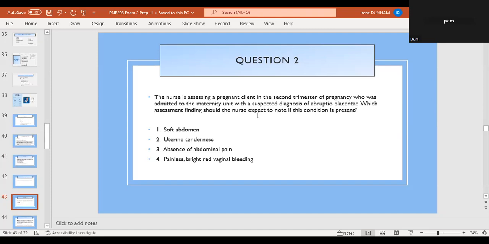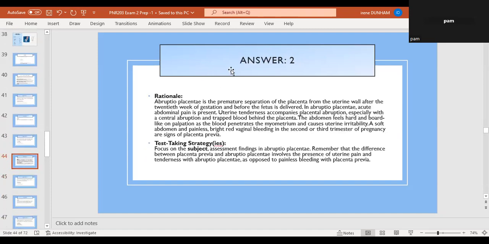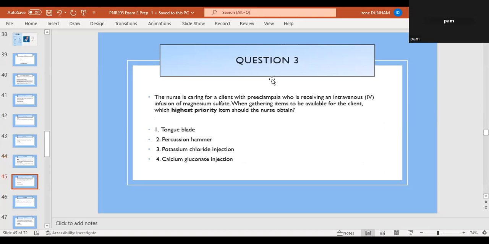Here's your test taking strategy: you focus on the subject, the assessment findings, and abruptio placentae. Remember that the difference between placenta previa and abruption involves the presence of uterine pain and tenderness with abruptio placentae, as opposed to painless bleeding with placenta previa. So that's how you take it apart.